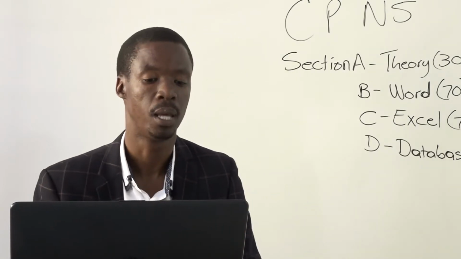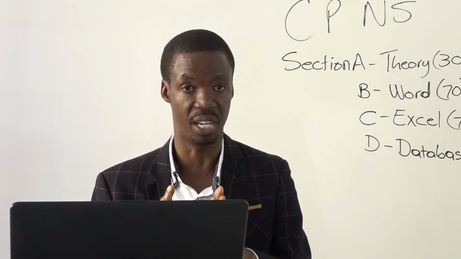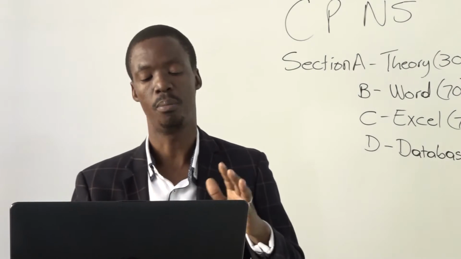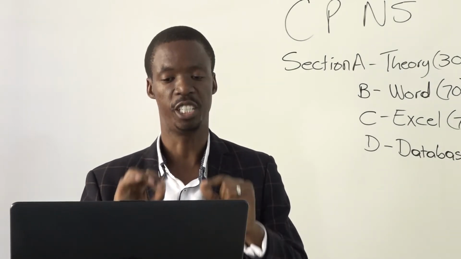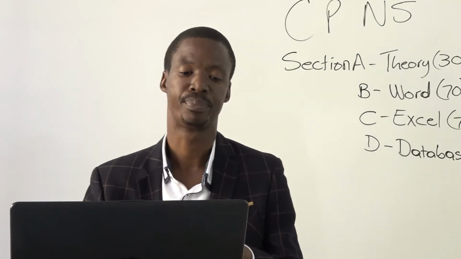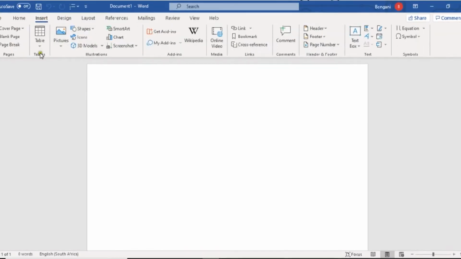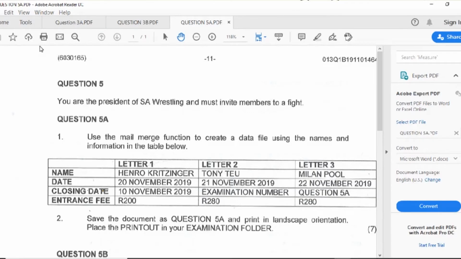Remember, ladies and gentlemen, time in your exam is very, very important. Now you must insert your table. Open Microsoft Word, go to insert, and insert the table. Very, very important, you need to count how many columns and how many rows you're going to need.